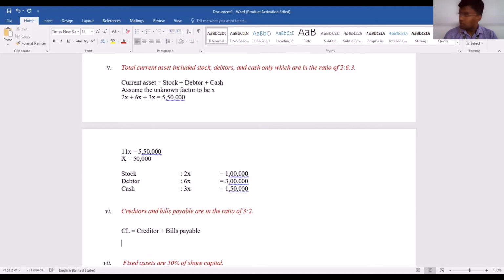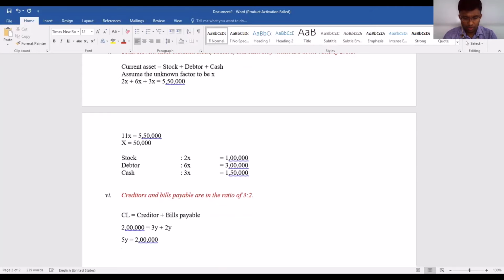Or in other words, 2 lakh, that is the sum total. Here also we're assuming the unknown factor to be y. So 3y plus 2y, or 5y is equal to 2 lakh, or y is equal to 40,000.